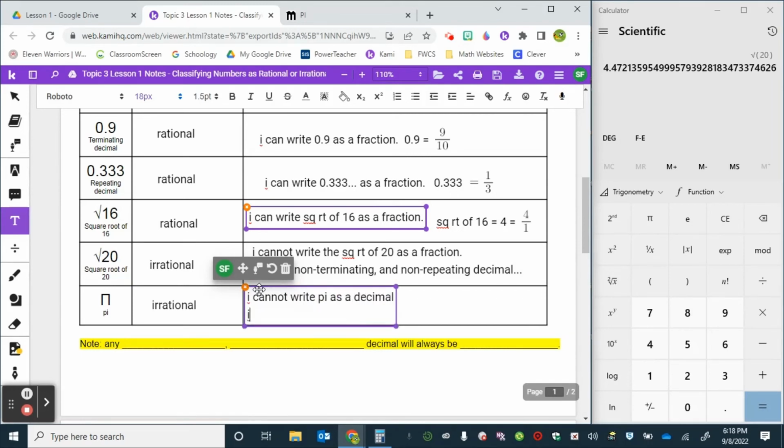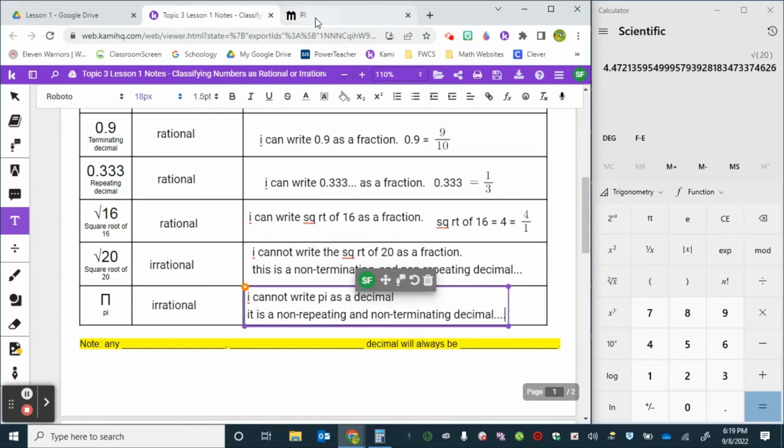It is a non-repeating and non-terminating decimal. That makes it irrational every single time.